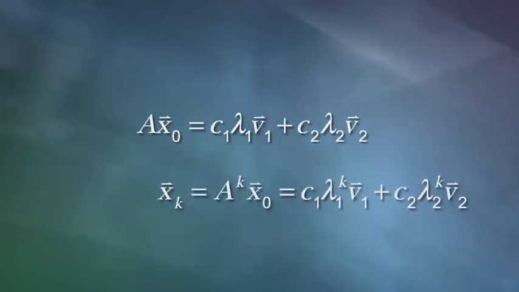So then x sub k, the time k population vector, is A to the k times x0, and that is just C1 times lambda 1 to the kth power times V1, plus C2 times lambda 2 to the kth power times V2. This is a very simple formula. And in general, computing A to the k would be very much harder, especially if the matrix were large.